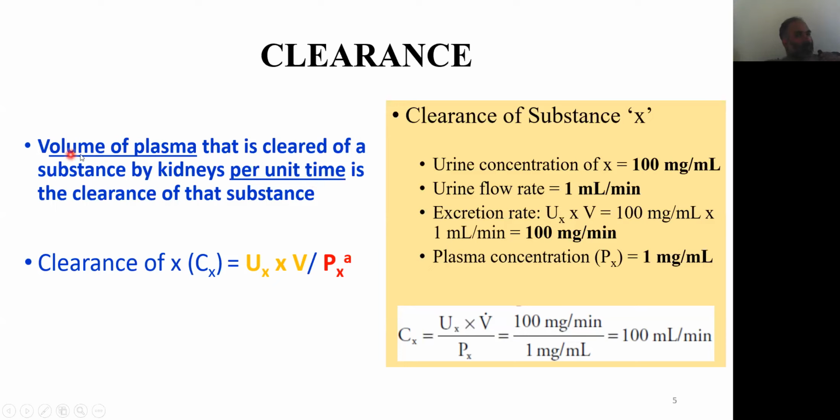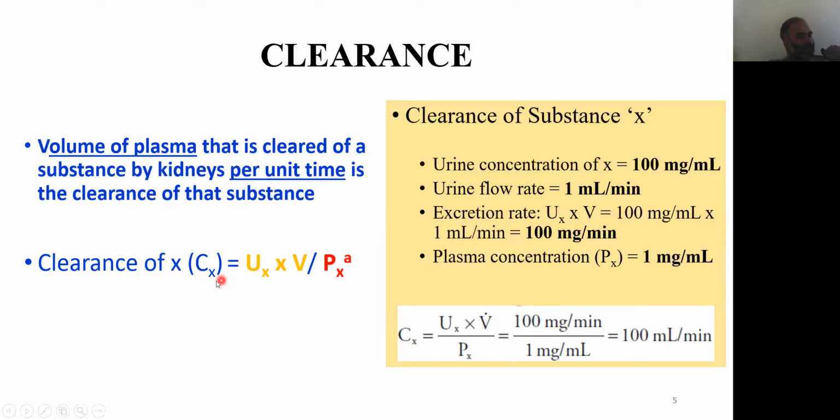So it's the amount of plasma that is being acted upon by the kidney per unit time to extract a substance, any substance, and make it part of the tubular fluid. Very simply put, this is clearance. You clear the plasma, you liberate the substance from the plasma and make it part of the tubular fluid. This is the concept of clearance.